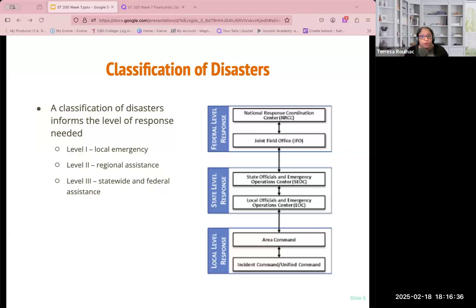With level 2, we look at regional assistance. We may look for neighboring regions because the local resources aren't enough. This could include a major industrial accident or a natural disaster affecting multiple towns. And then with level 3, now we're talking about statewide and federal assistance.